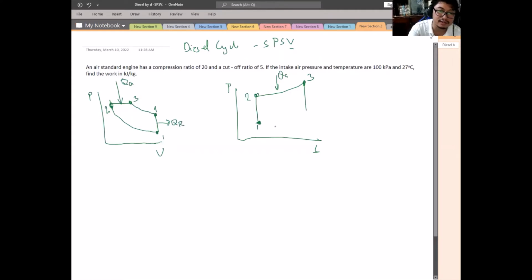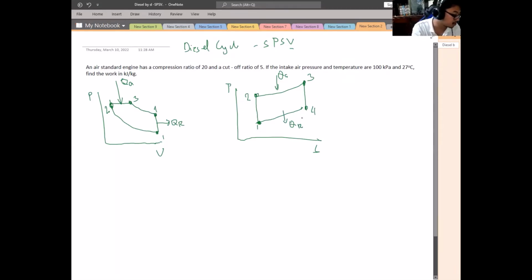We lose heat, so entropy definitely goes down, and so does temperature. Then we are back at point 1, and the cycle of the piston cylinder repeats. Here is the heat rejected.